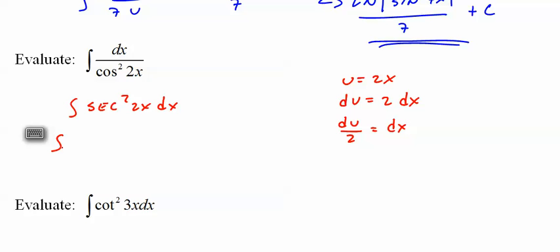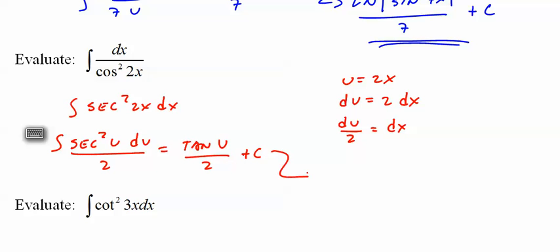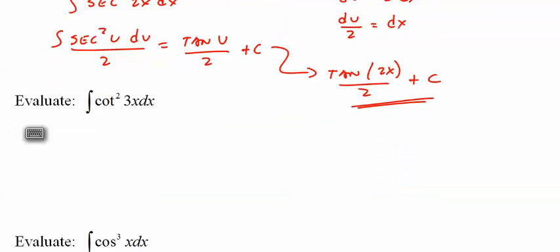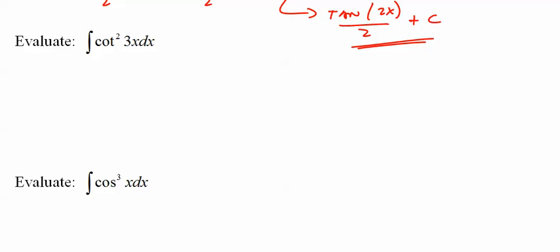Integral of secant squared u du is tangent of u plus c. Tangent of 2x over 2 plus c. So a little trig work there, and it's not that hard. You just have to see it. If you haven't seen it before, it's very befuddling, to put it mildly.